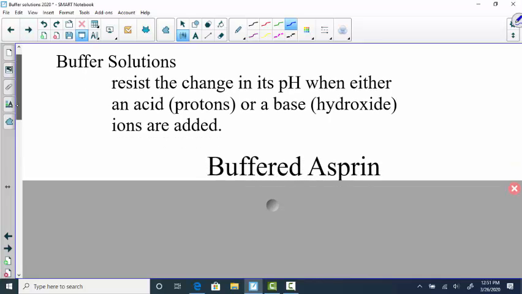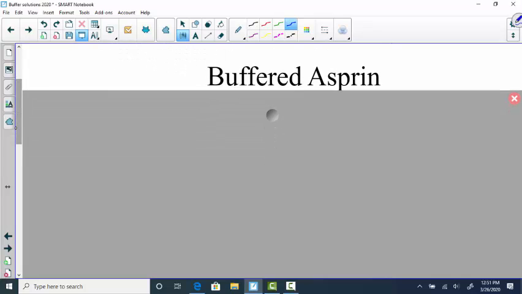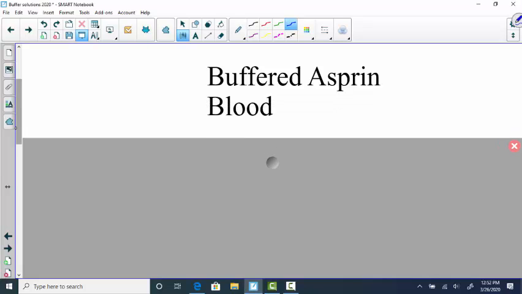Okay? So some things that you may have heard of that are buffered, and maybe you haven't. Buffered aspirin is an aspirin that was developed because our stomachs are acidic, and aspirin is something that's acidic, so people will get upset stomachs. So they created buffered aspirin. Our blood is actually buffered.